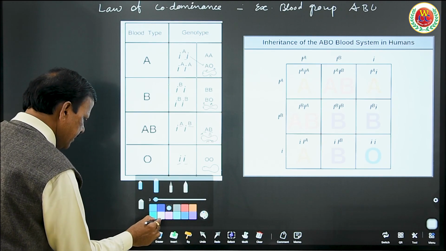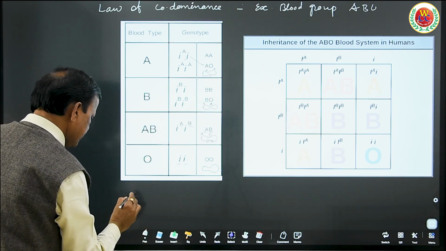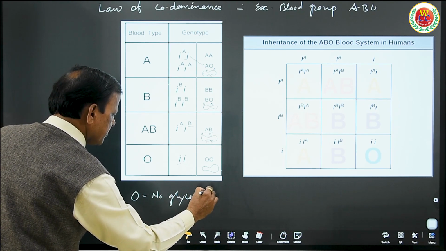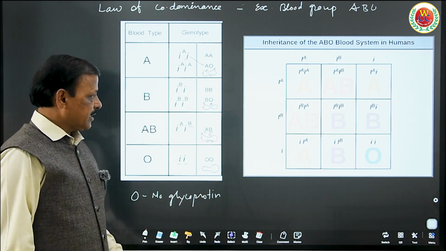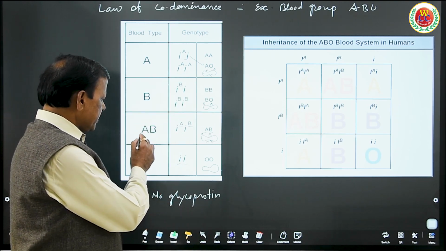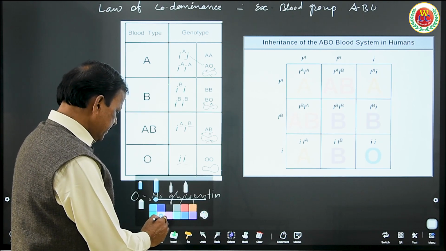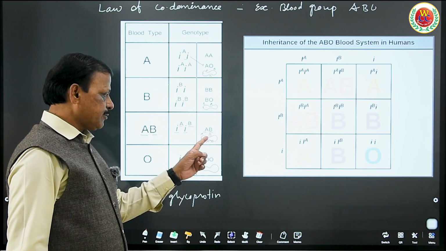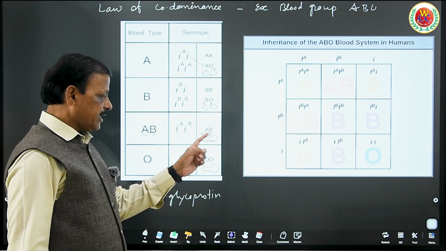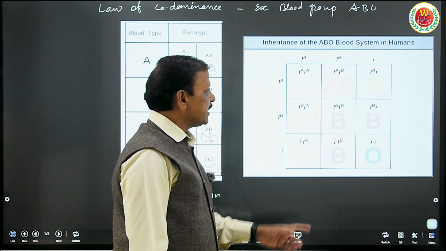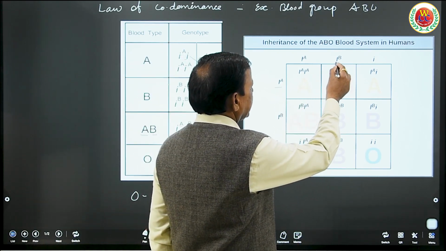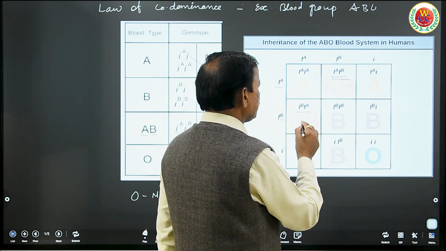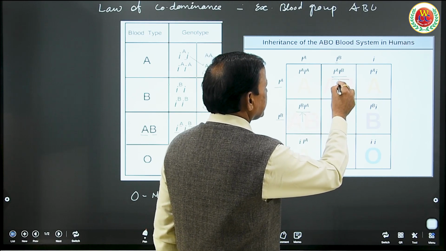That O indicates no production of glycoprotein on RBC, and thus these genotypes are shown. The genotype IAIB could produce both types of glycoprotein, A and B, over RBCs, and when IA and IB come together, they express equally and completely.